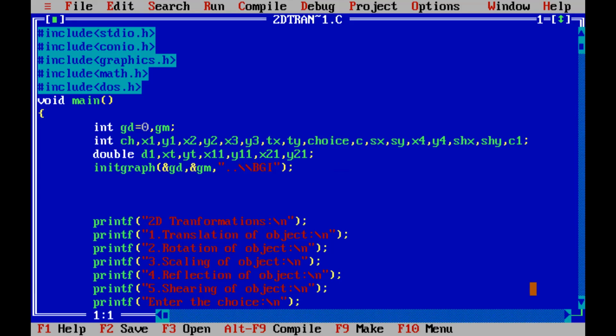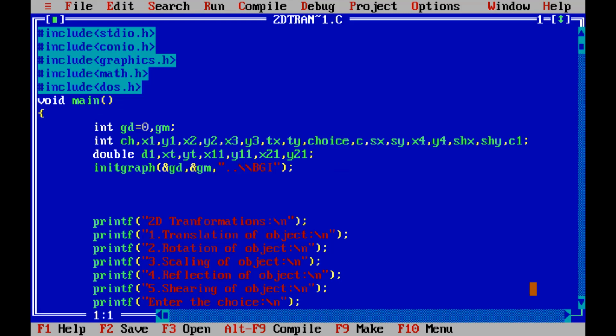Translation is nothing but changing the position of the object. Just shifting the object to a new location is your translation. Here the object size and shape are not going to change. We are only going to shift the object, or simply pick up the object and drop it in the other location.